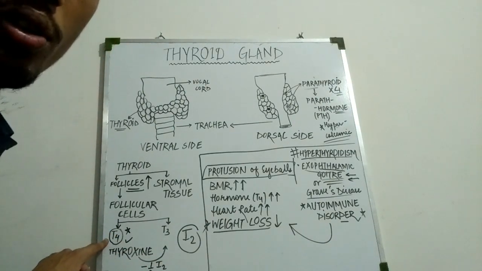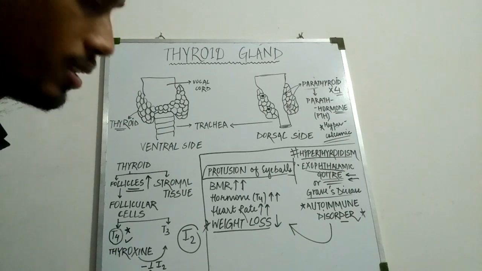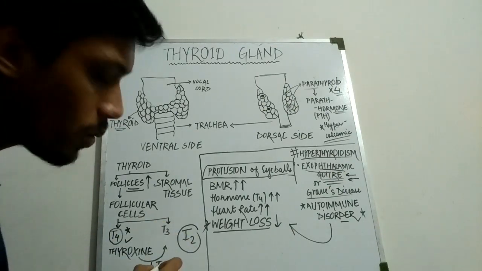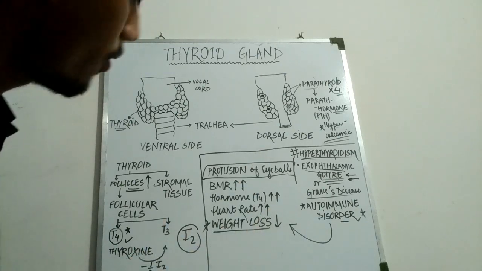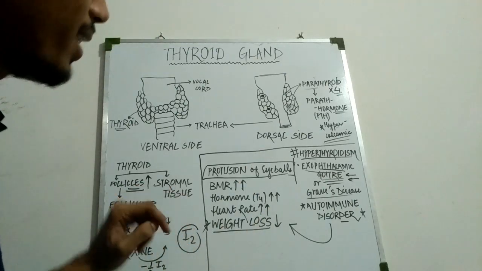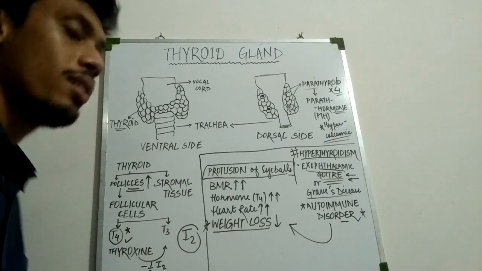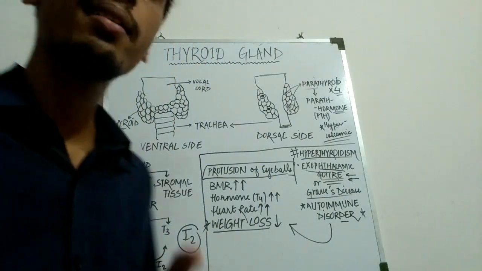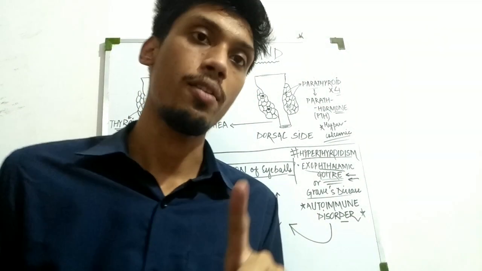There was this T4, which was very important, thyroxine. I forgot to tell one thing: if you take out one iodine atom from T4, it will become T3. And there were two more points which I had to tell. The thyroid gland is the largest endocrine gland of the body.